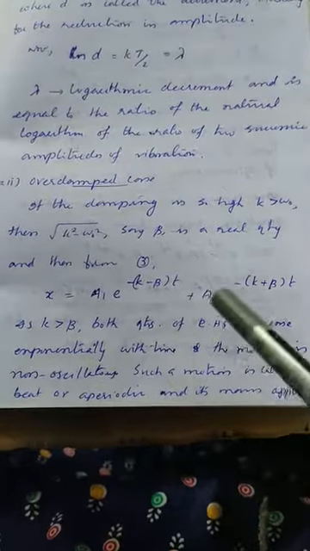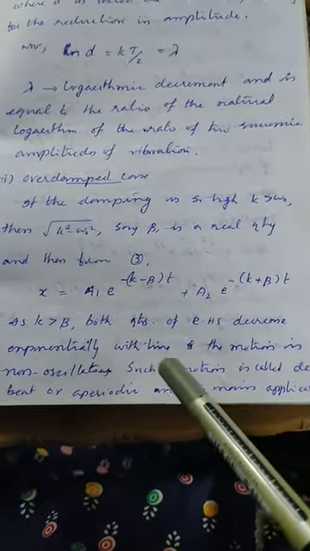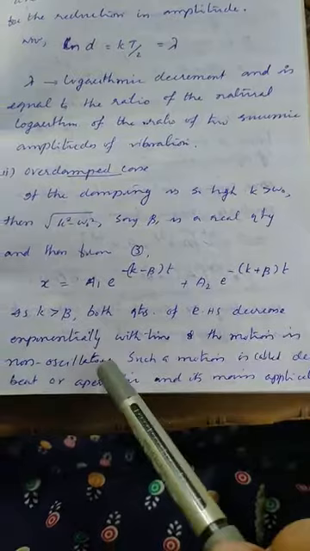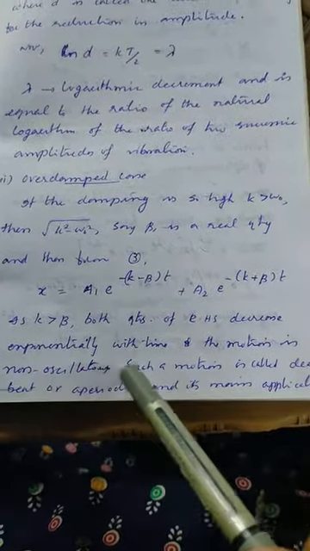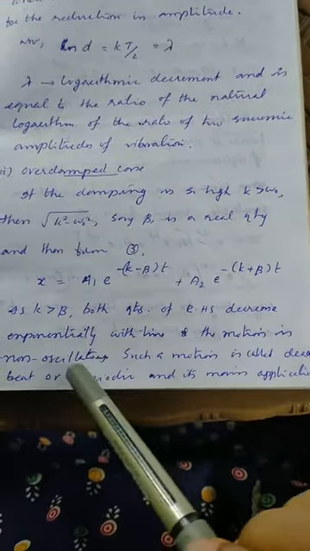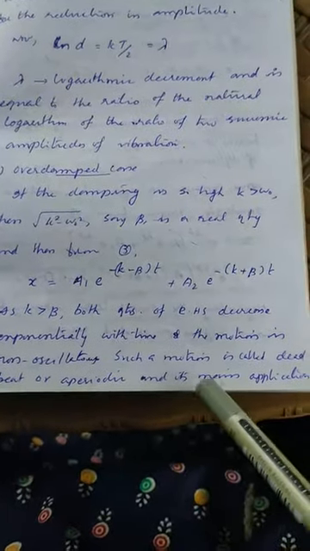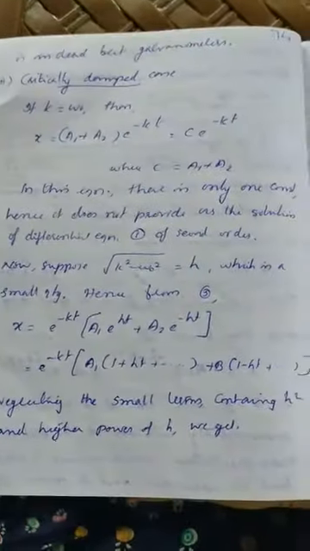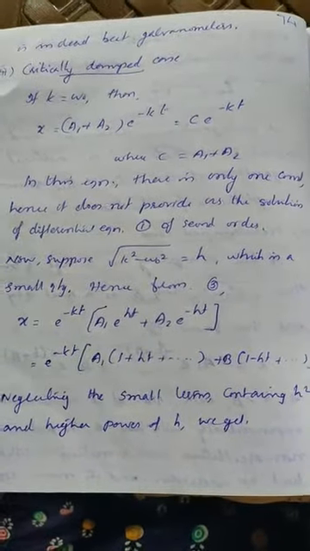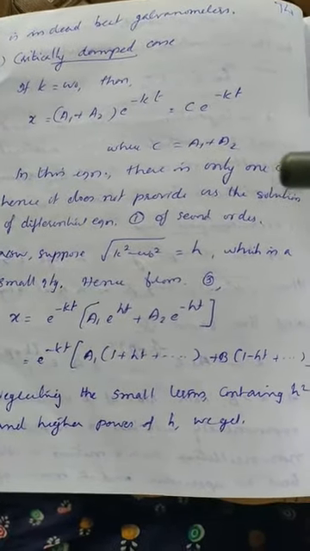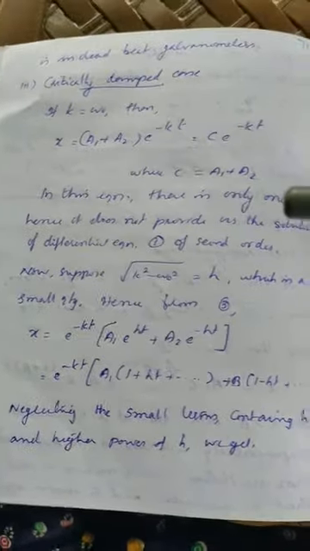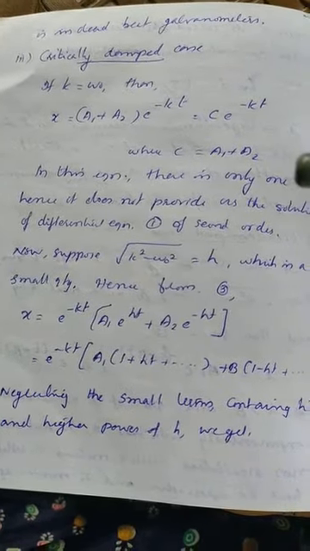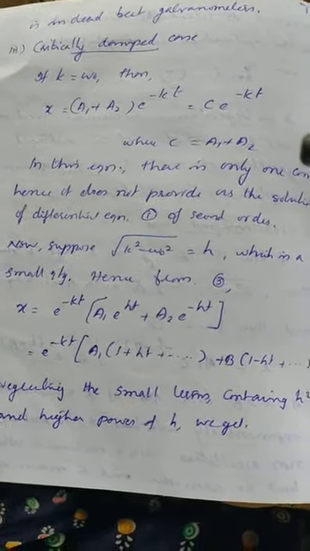Both terms will be exponentially decreasing with time, and the motion is non-oscillatory. Such a motion is called deadbeat or aperiodic, and its main application is in the deadbeat galvanometer. So now we can see that the oscillation is deadbeat or aperiodic, non-oscillatory.